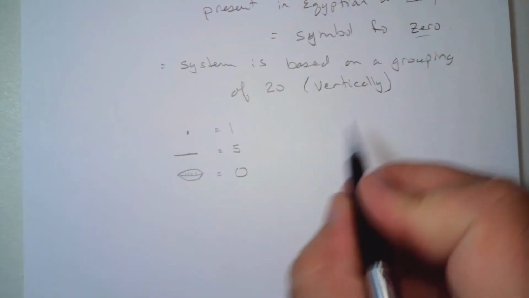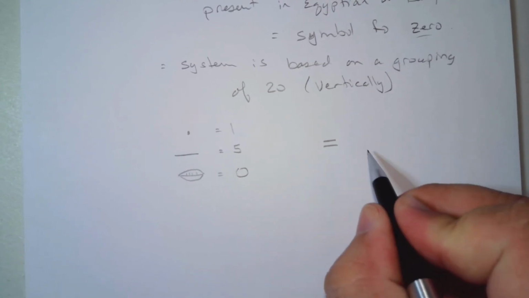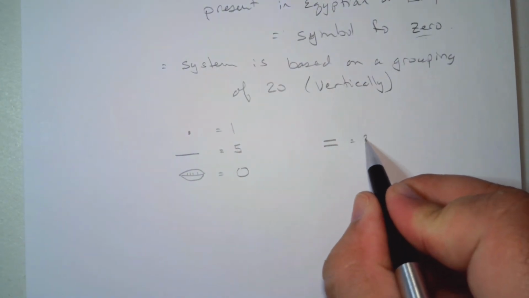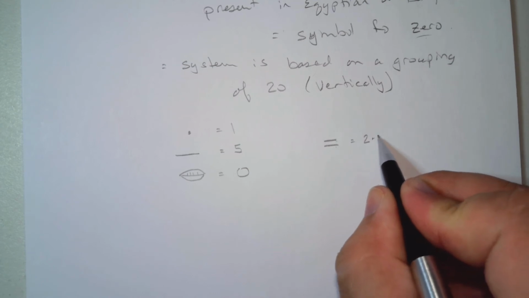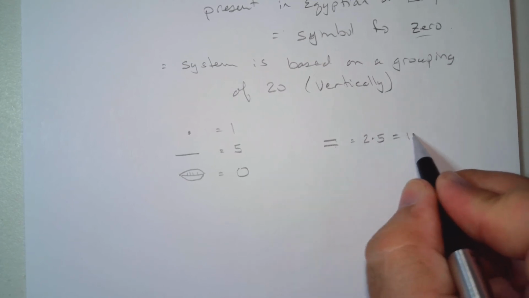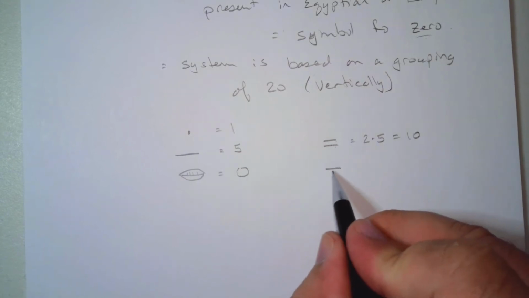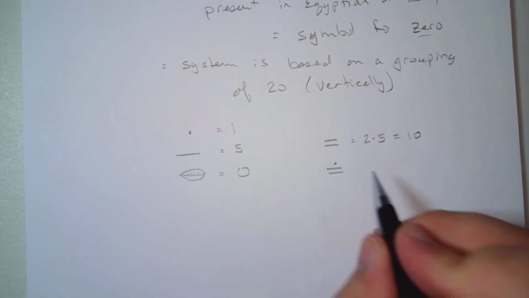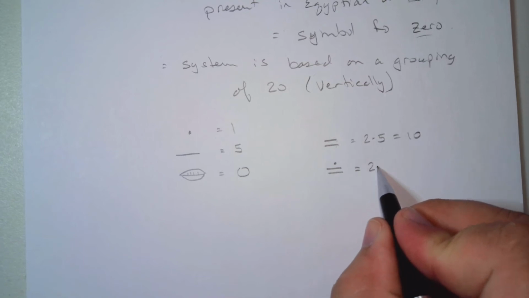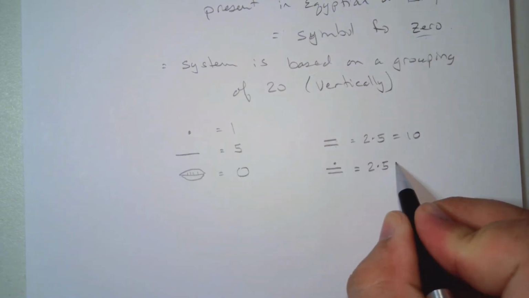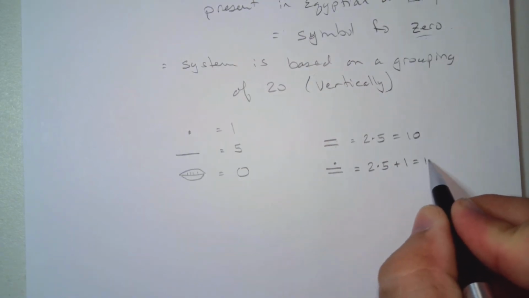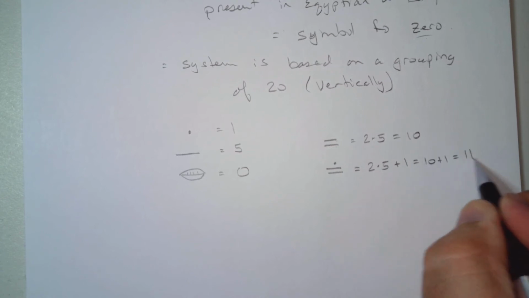So if I had 2 horizontal lines, that's 2 of the 5s, so that's the number 10. If I had two horizontal lines with one dot over it, that's 2 fives plus a 1, which gives us 11.